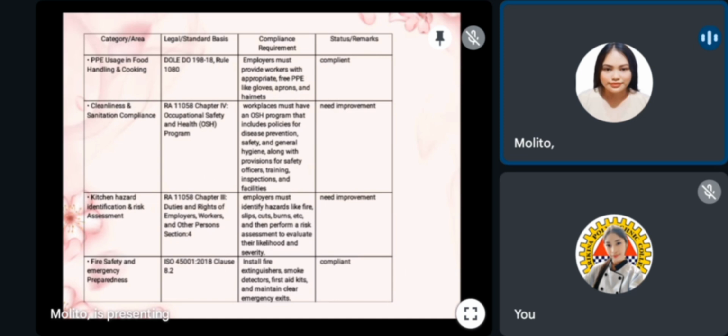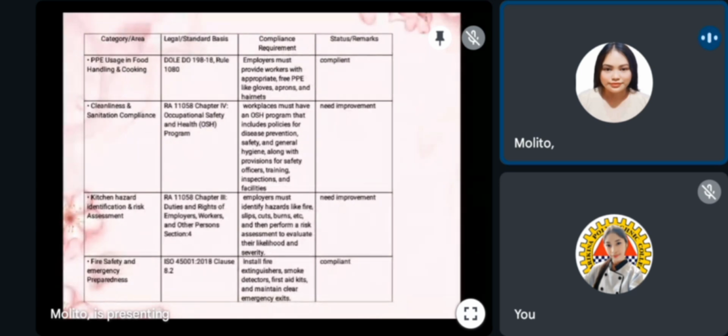First, workers, by preventing injuries, for example burns, slips, cuts, and illnesses like foodborne diseases. Second, customers, by ensuring the final food product is safe, sanitary, and of high quality. Third, business, by ensuring legal operation and avoiding costly fires, lawsuits, and reputational damage.